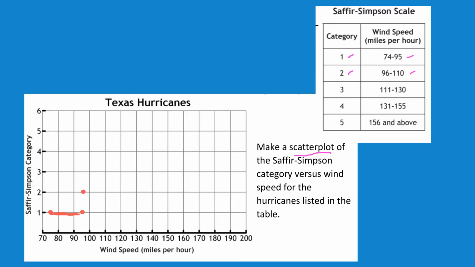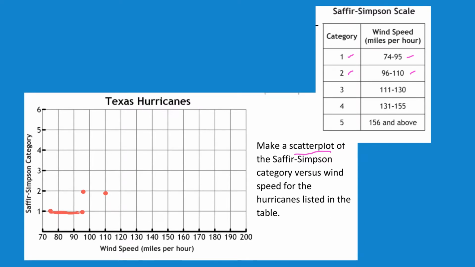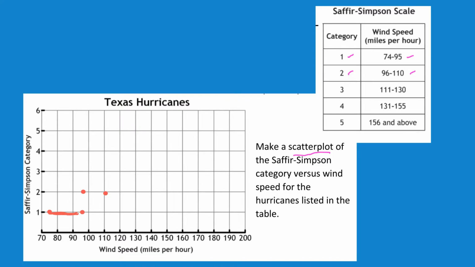Go back and try that again. All right, and then I'm going to go ahead and draw the line between those. And then move on to category 3. Category 3 is from 111 up to 130.